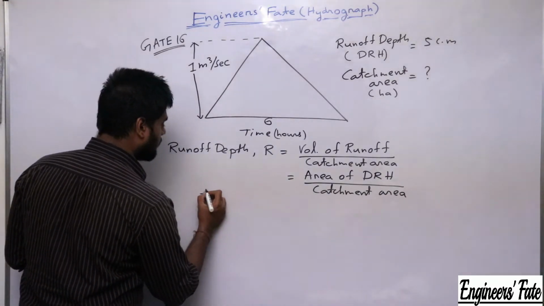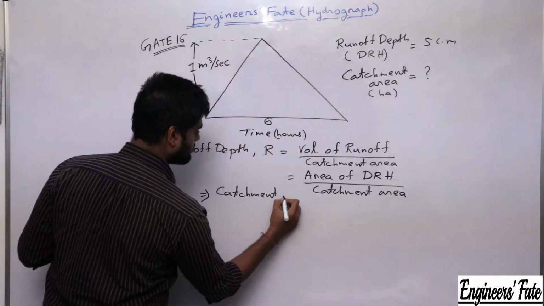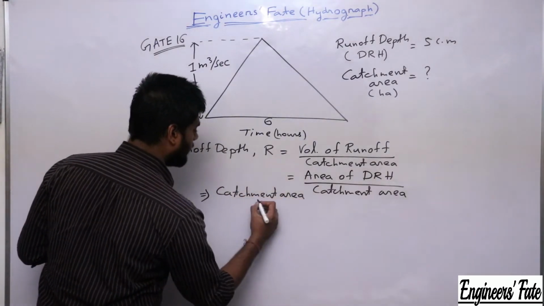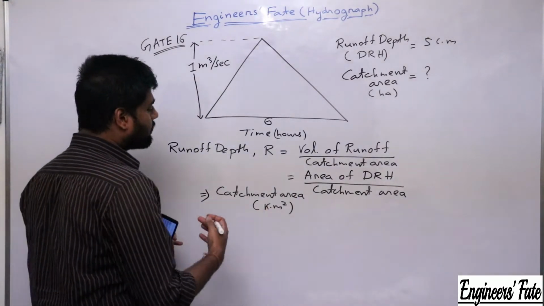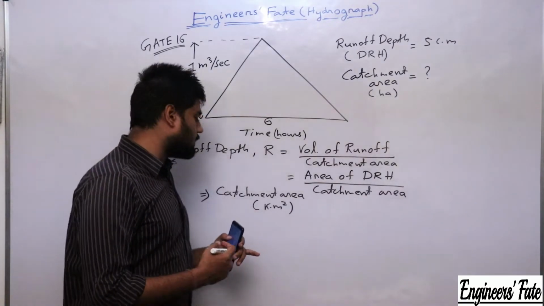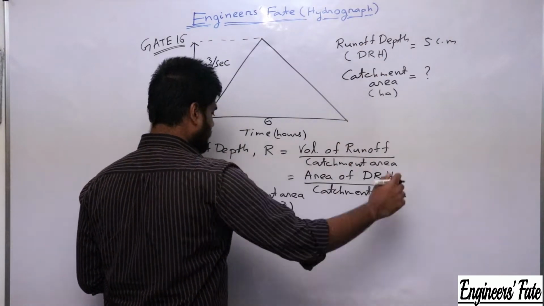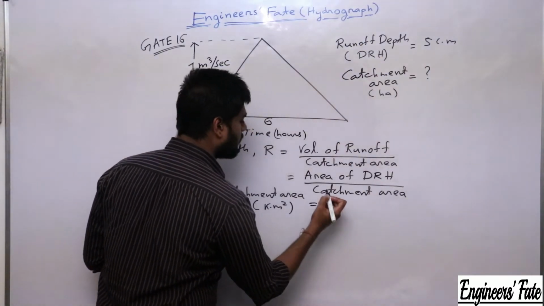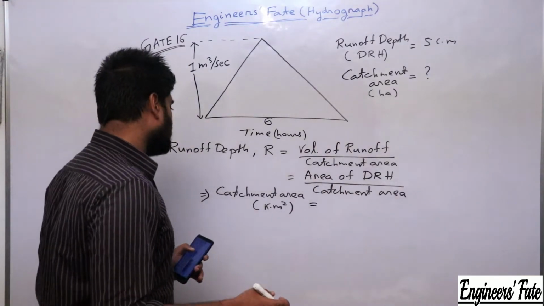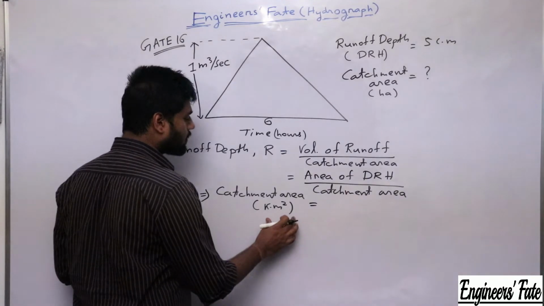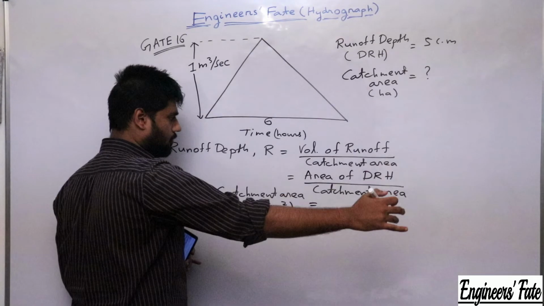So let's find the catchment area in kilometer square first, and after finding the catchment area in kilometer square I can convert it to hectares. Usually you can see the catchment area will be in kilometer square in many hydrograph questions. So this will be helpful. So again I am finding the catchment area in kilometer square first.